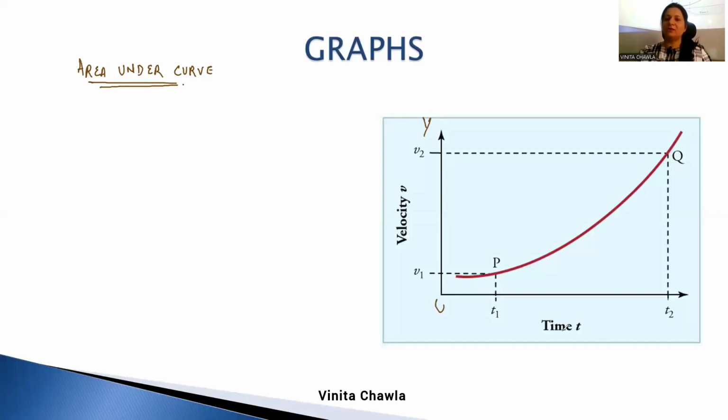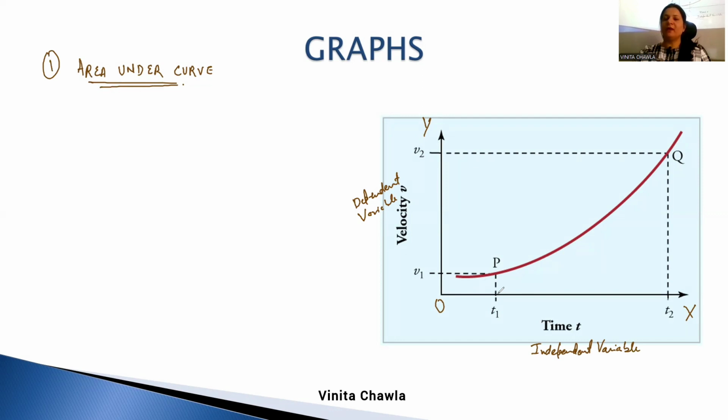And this is the origin and this is the x-axis. We always take the independent variable on the x-axis and the dependent variable along the y-axis. So v is the dependent variable and time is the independent variable. So the first thing that we can find from the graph is area under the curve.